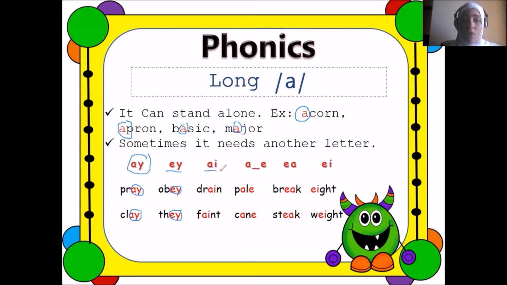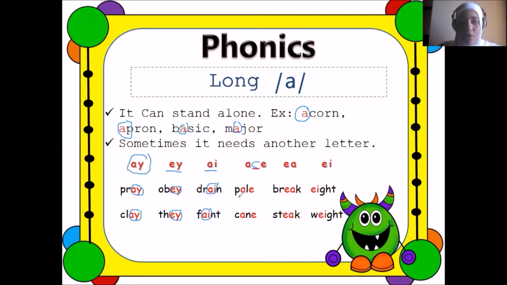Also, I might have the vowel team AI. When I see AI in most of the words, they take the long sound A. Drain, faint. Or I might have vowel A, then a consonant letter, then E. If you remember at the beginning of the semester, we took the vowel consonant E, silent E at the end, which gives the preceding vowel the long sound.